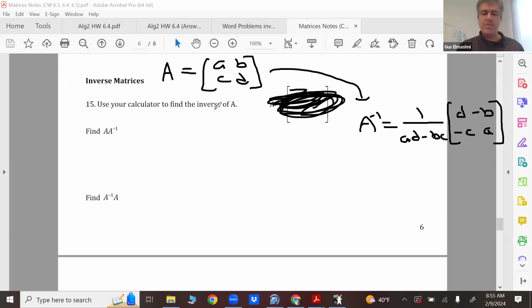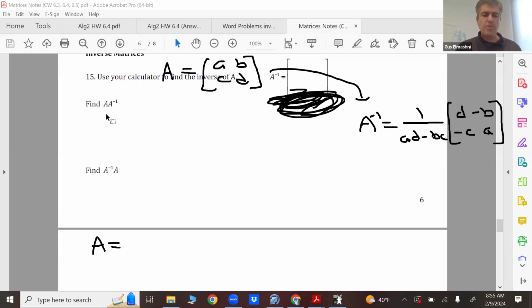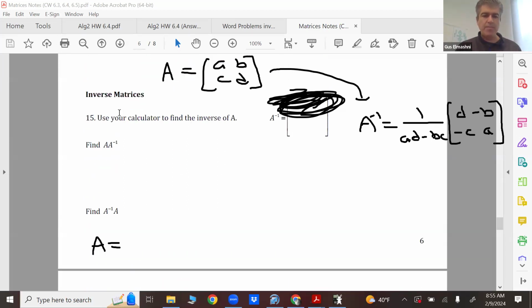So let's say A is this, right? What was A in the previous example? Okay, let's use that: 1, 4, 3, -2. Let's say A is that. Then what's the inverse going to be?